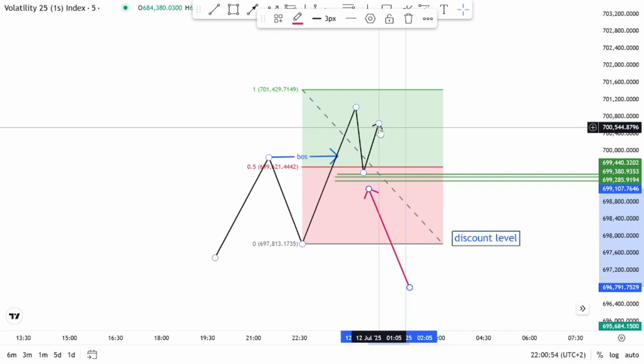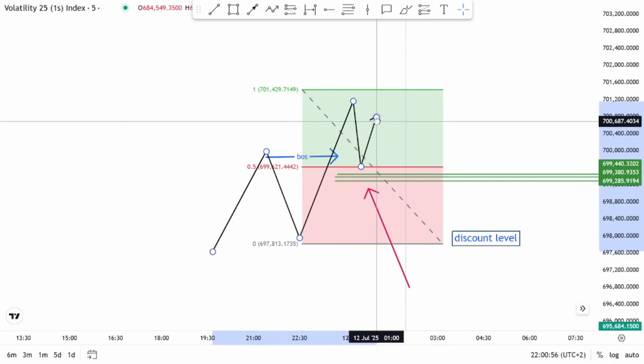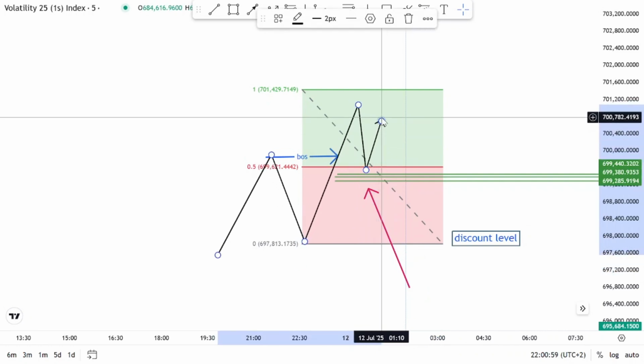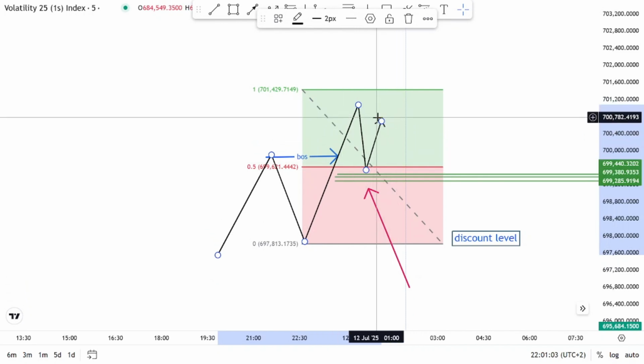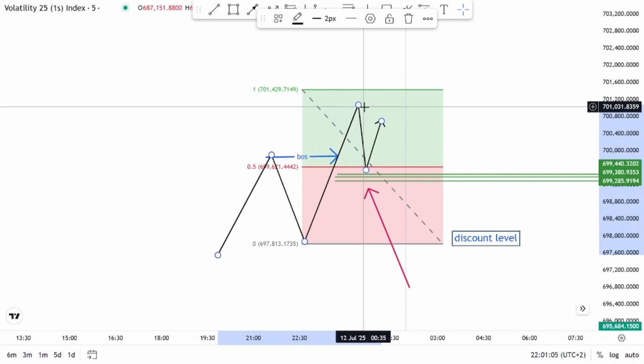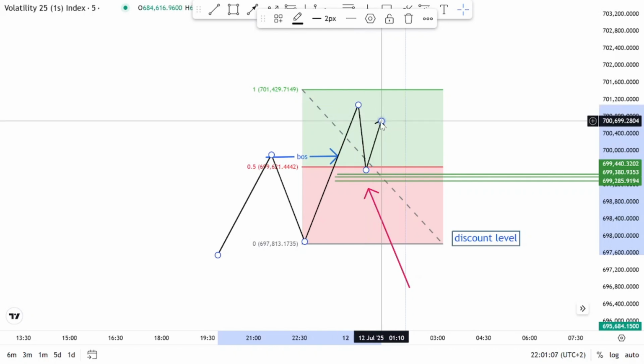Then the market is going to pretend as if it's going to our highest level, the previous high here, but only for it to come back down.